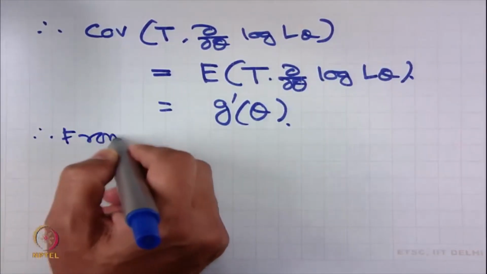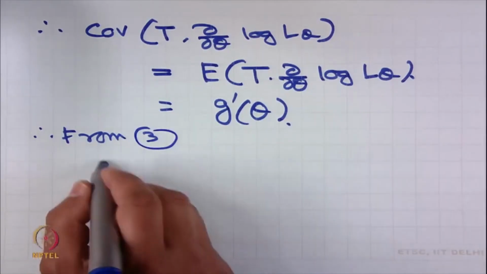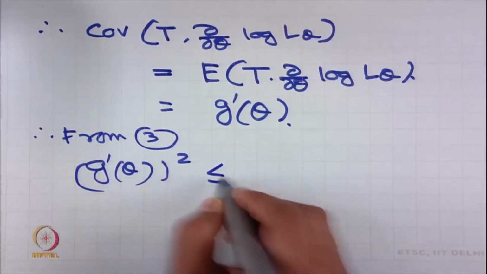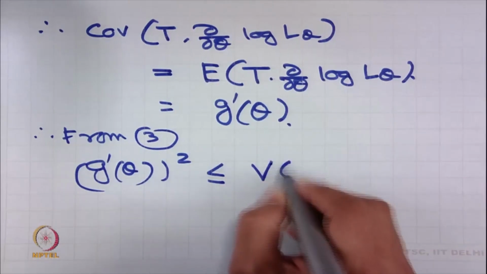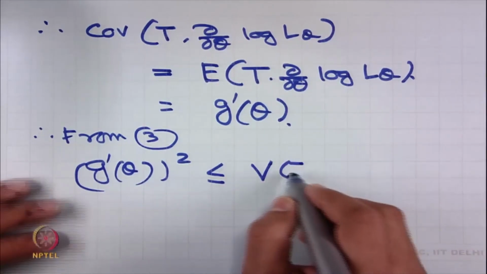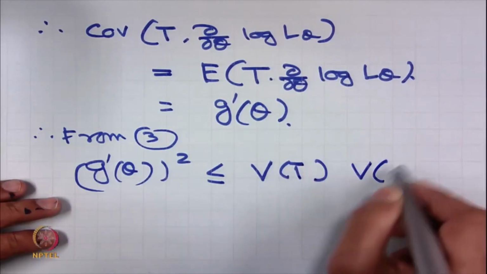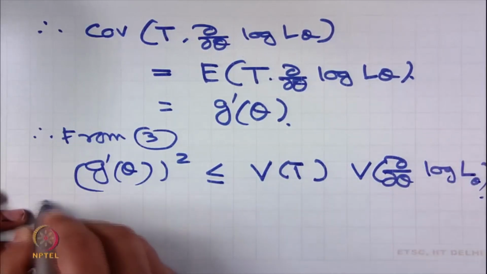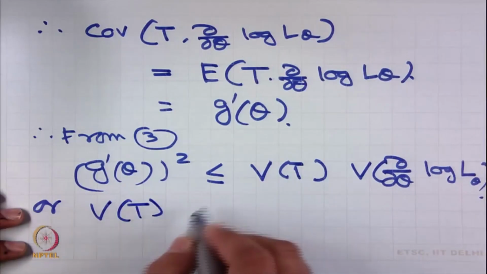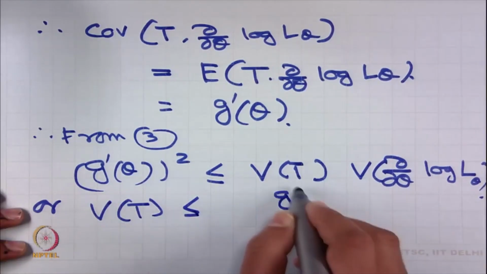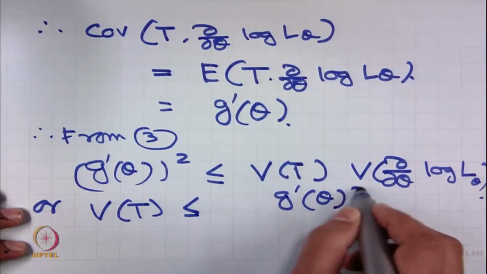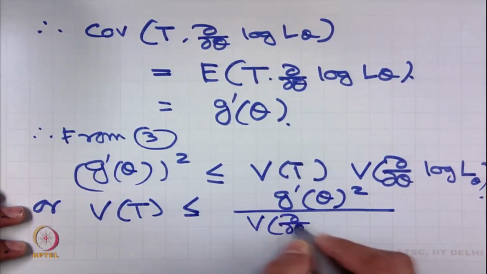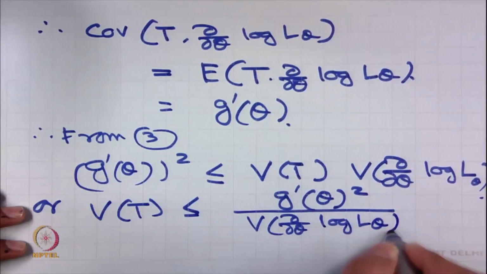we get g prime theta square is less than equal to variance of t into variance of del theta log L theta, or variance of t is less than equal to g prime theta whole square upon variance of del theta log L theta.